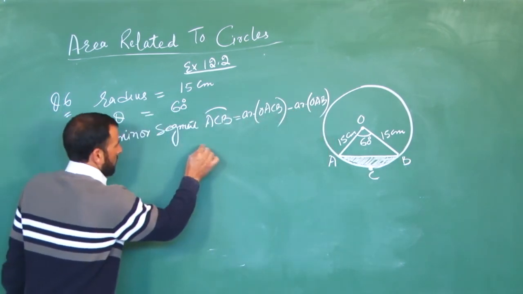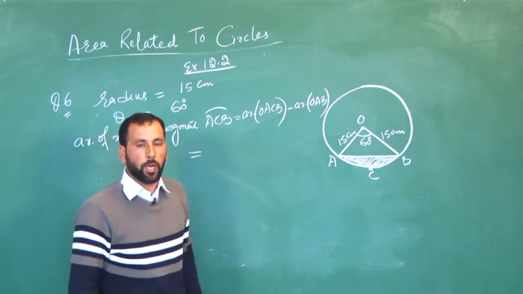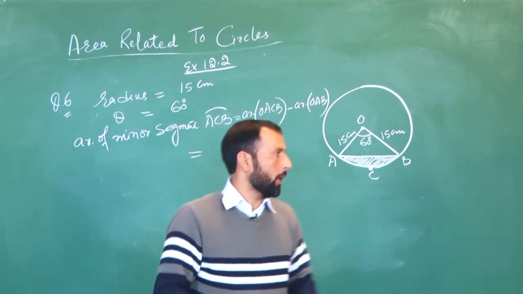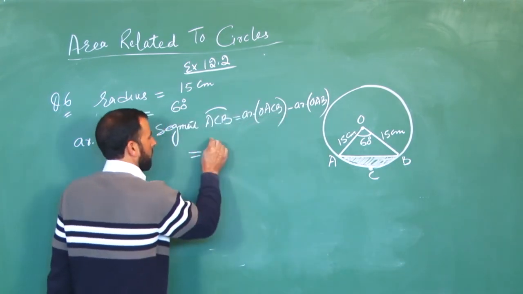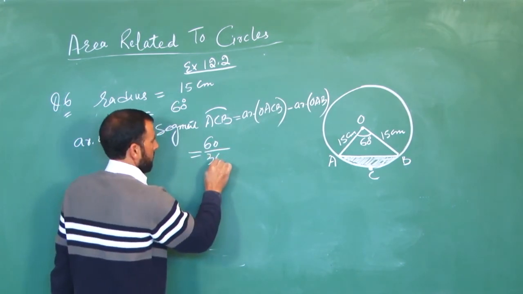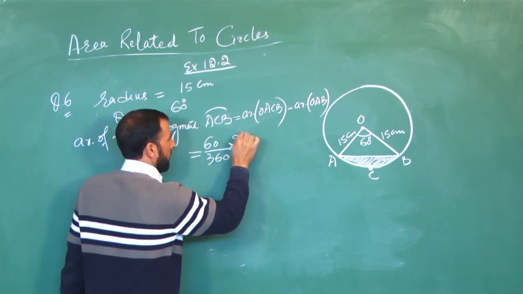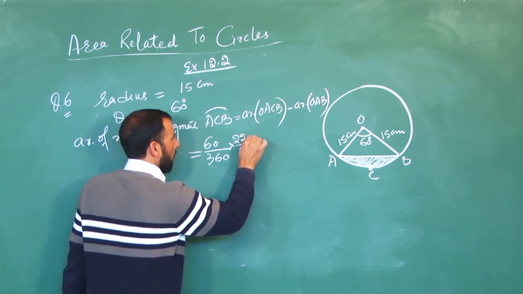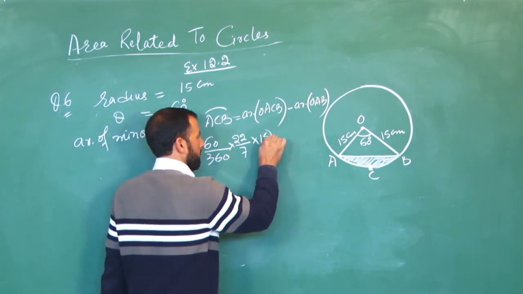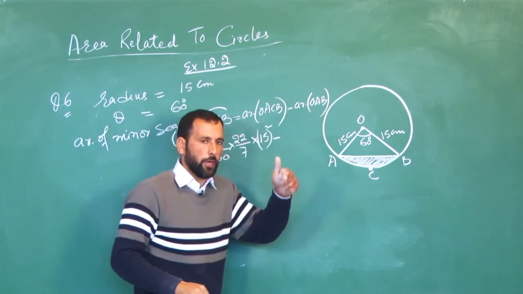So the area of the sector, we know that. What is the formula? The sector formula is theta divided by 360 into pi r square. What is theta here? Clearly 60 divided by 360 into pi r square, that means 22 by 7 into r square. What is the radius here? It is 15 square. Minus this triangle, which is an equilateral triangle.